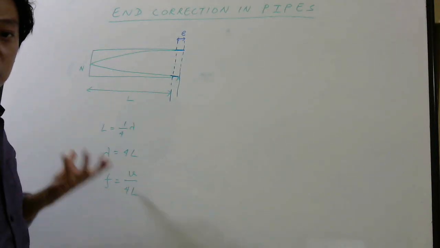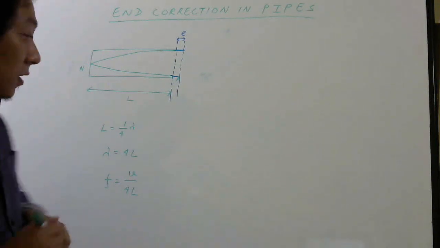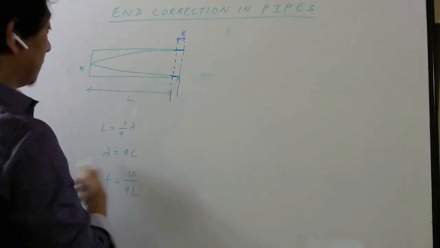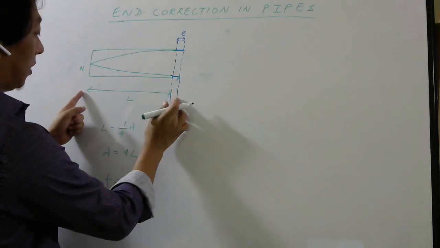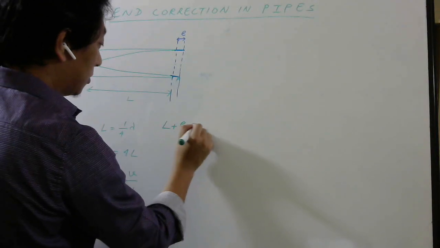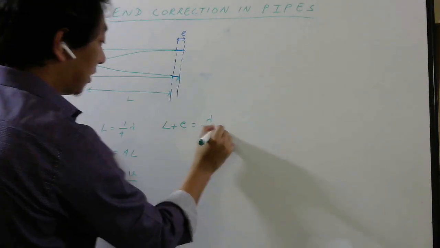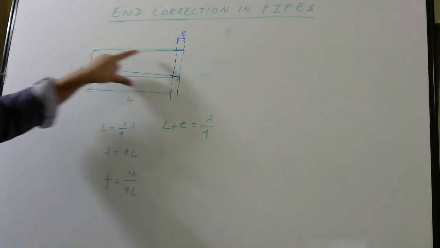You can continue with this formula. But if end correction is mentioned, then this length L cannot be taken as 1/4 of wavelength. So now L plus this E corresponds to 1/4 of wavelength, in case of a closed pipe.